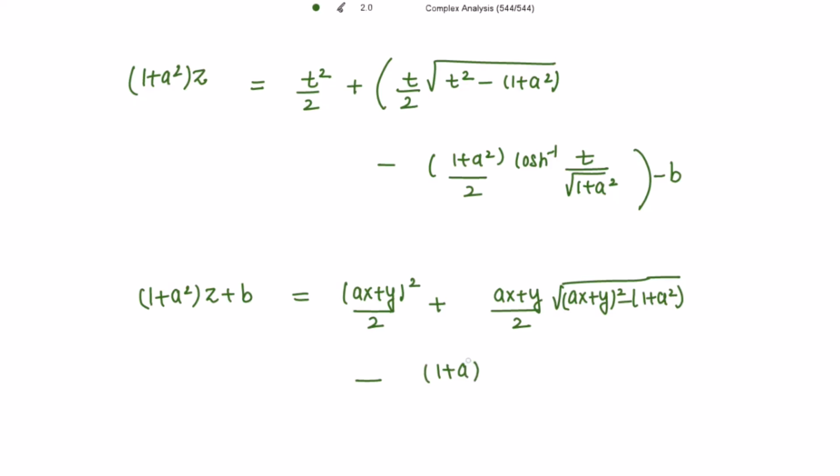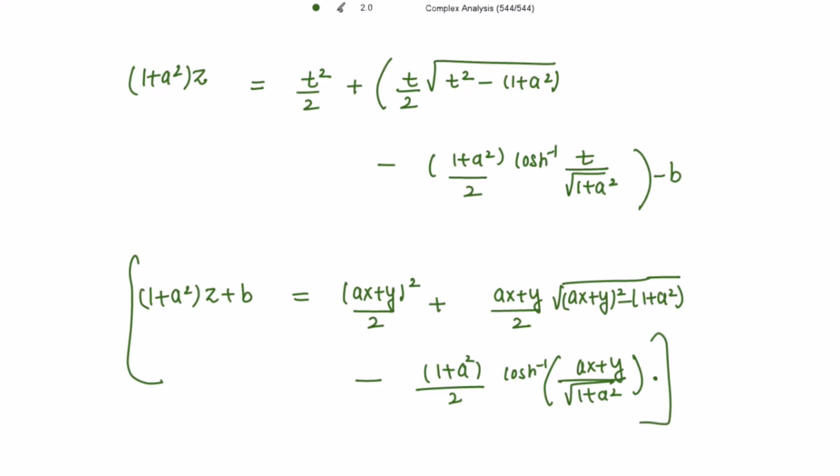Minus (1 plus a square) divided by 2, cosh inverse of (ax plus y) divided by square root of 1 plus a square. So this is the required complete integral for the given differential equation. Alright, thank you.